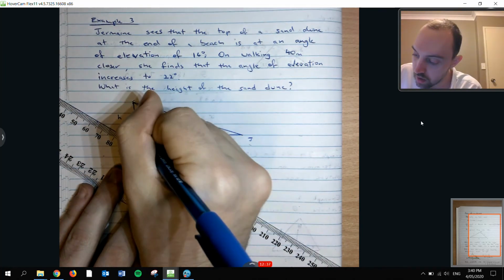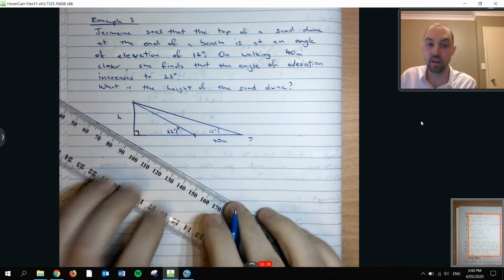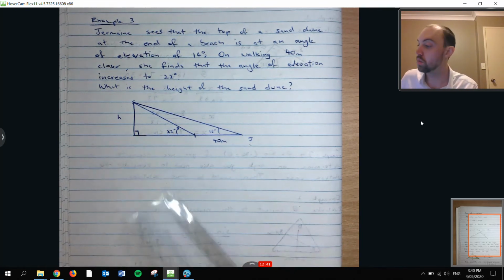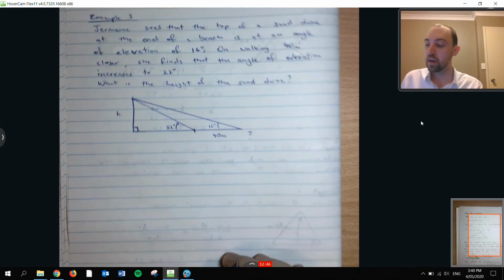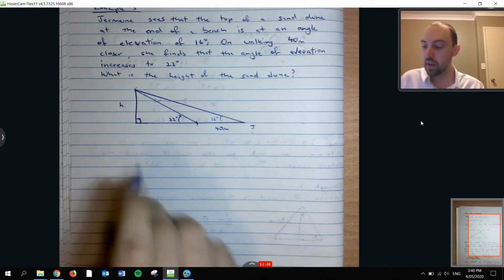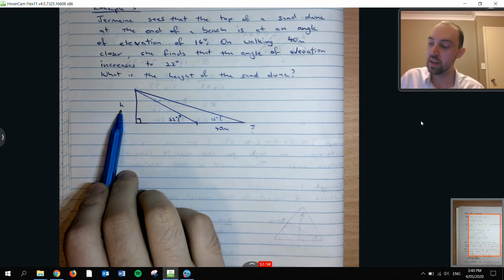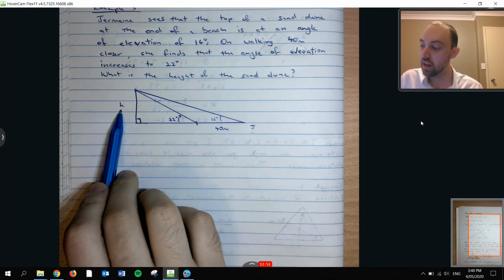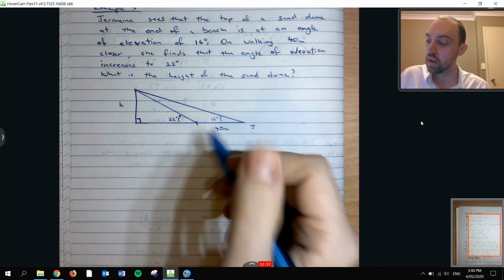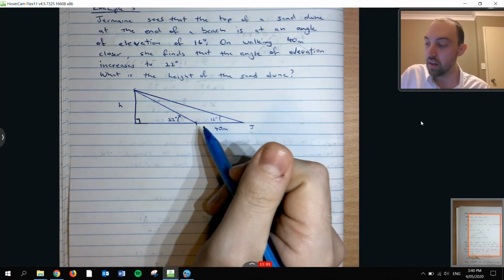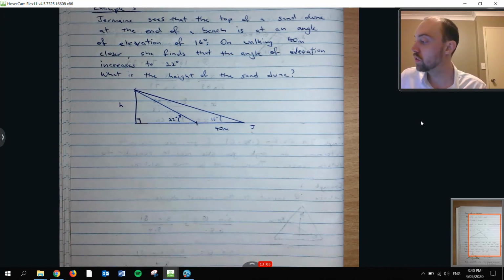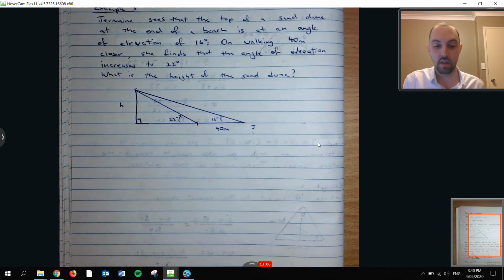And the sand dune, we can assume, is at 90 degrees to what? Oh, to the ground. Now, we need to find the height over here, and it seems like we don't have enough information. Okay. It might be useful to get a few more angles to understand where we can use the sine rule.